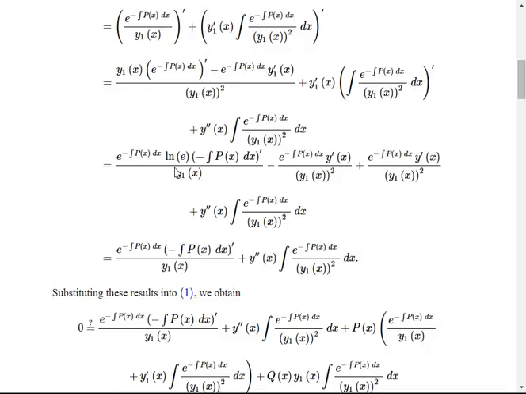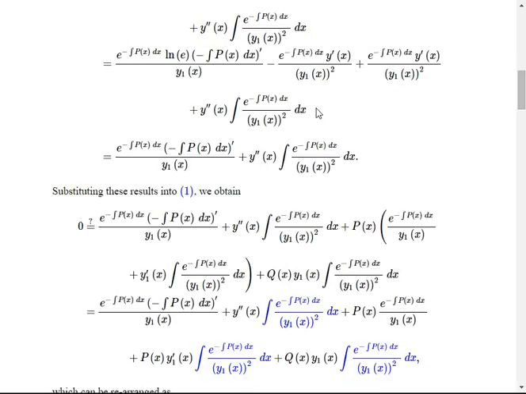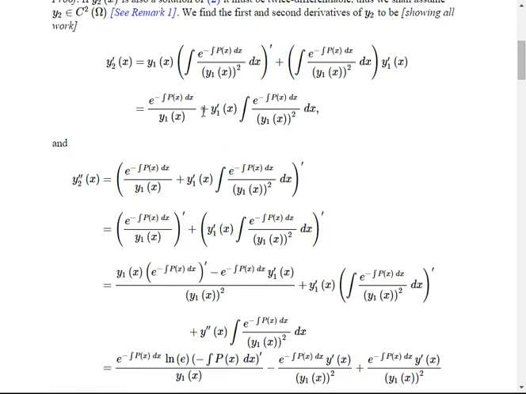And in this step, I wanted to also emphasize that the derivative of an exponential with a function in the exponent is the natural log of the base times the derivative of the exponent times the original exponential function. And we all know that ln of e is just 1. And these two terms cancel, which gives us this term. Now we substitute this derivative and this derivative into the original differential equation.